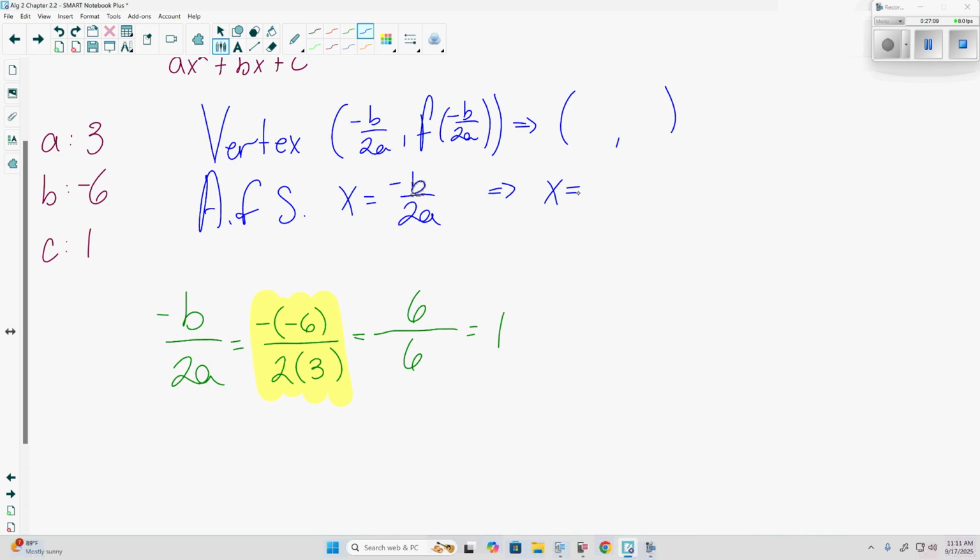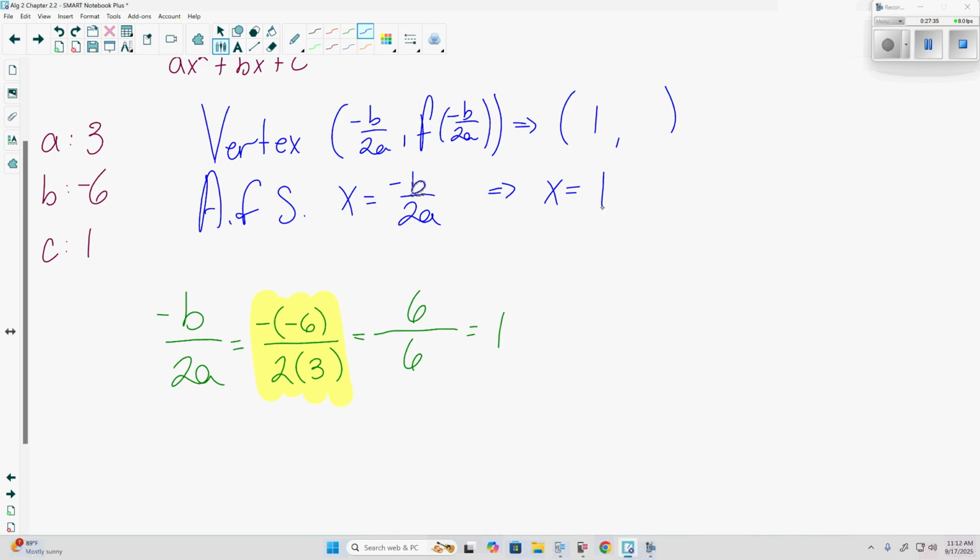Yes? So for the vertex, I know the x value of the vertex. It is 1. Well, the axis of symmetry was x equals negative b over 2a. So that tells us x is equal to 1. So again, what were we trying to find for this here?